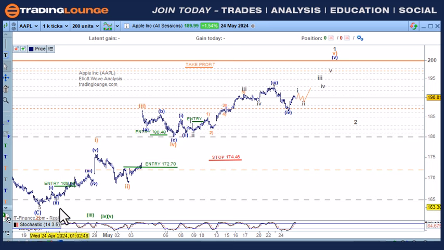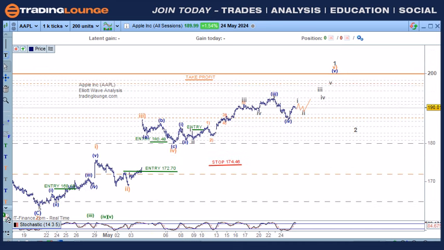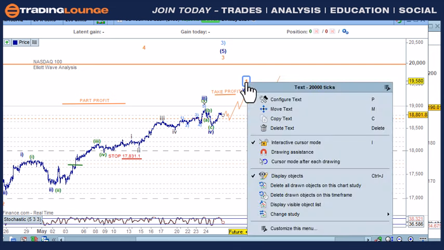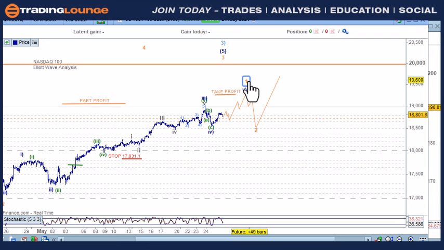In this particular instance for Apple, we've got wave 1 and 2 and 3 and 4, and we're going up for wave 5 here. In the other charts, when we were looking at this NASDAQ going up for this orange wave 1, as we move forward, this orange wave 1 will end up being a grey wave 1.